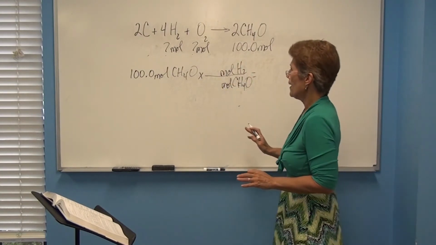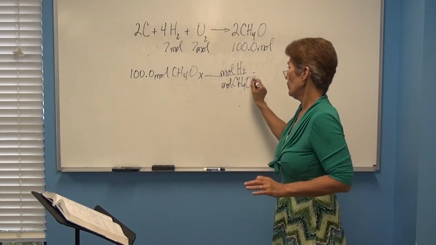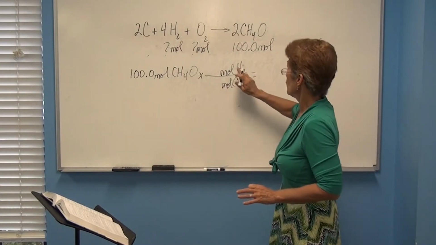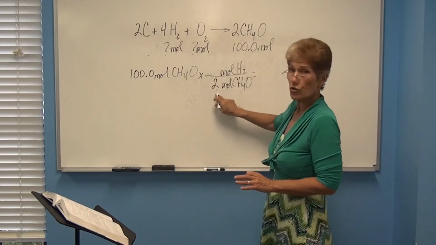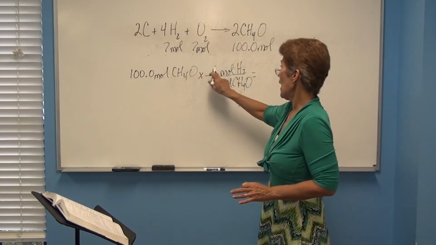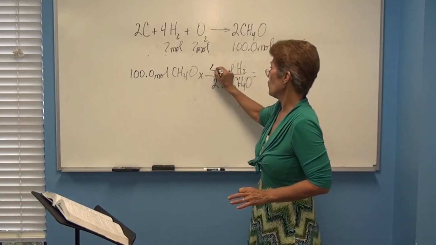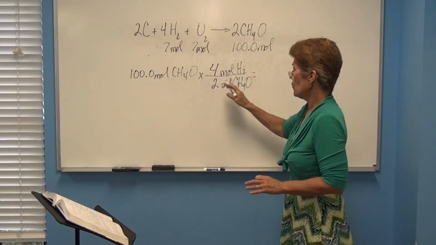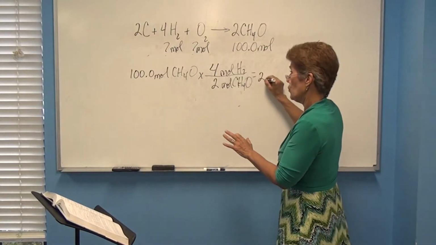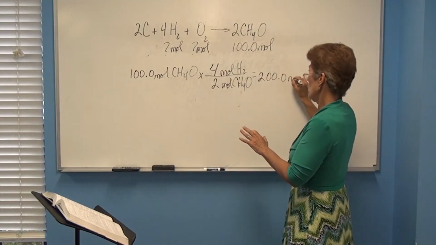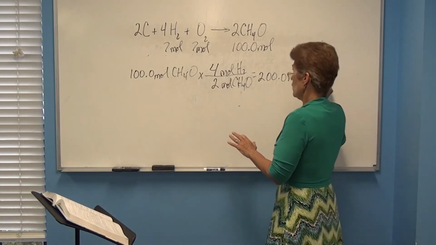Now we can do that because this is legal. We go up here to find what goes in here, and it's a 2. You use your stoichiometric coefficients, and then there's a 4 here, so we're going to put a 4 here. And so that's going to give us, in 4 significant figures, 200 moles of hydrogen.